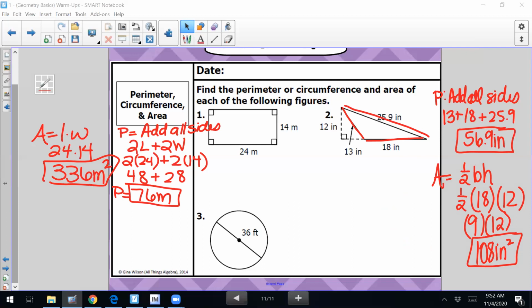All right, now what about a circle? How do you find the circumference of a circle? I don't know if I have this one memorized. Circumference is 2 pi r, or pi times diameter. Those are your formulas. So pi is what? 3.14-ish, because it goes on and on forever.